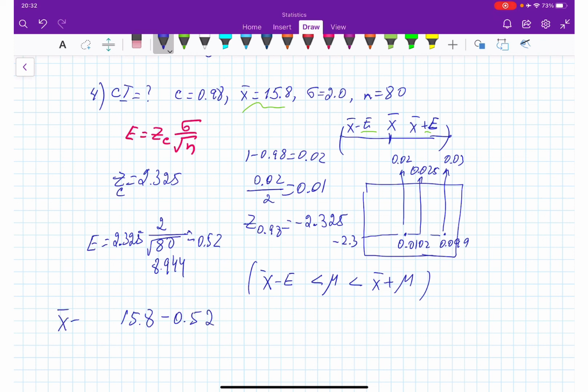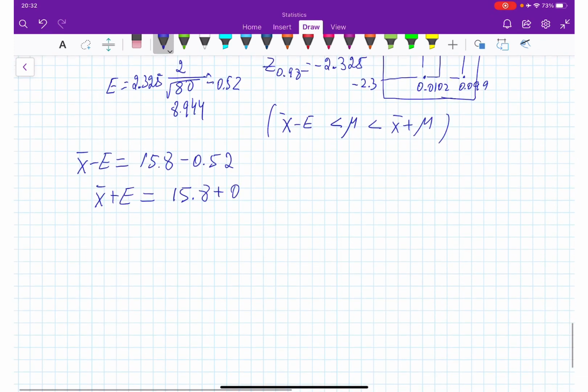So x bar minus error, and then x bar plus error, 15.8 plus 0.52. Okay, so if we do minus, it's going to be 15.28.